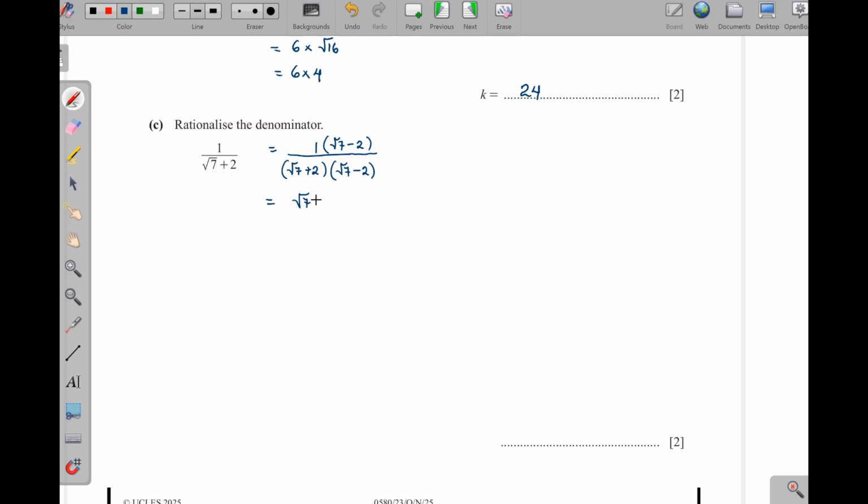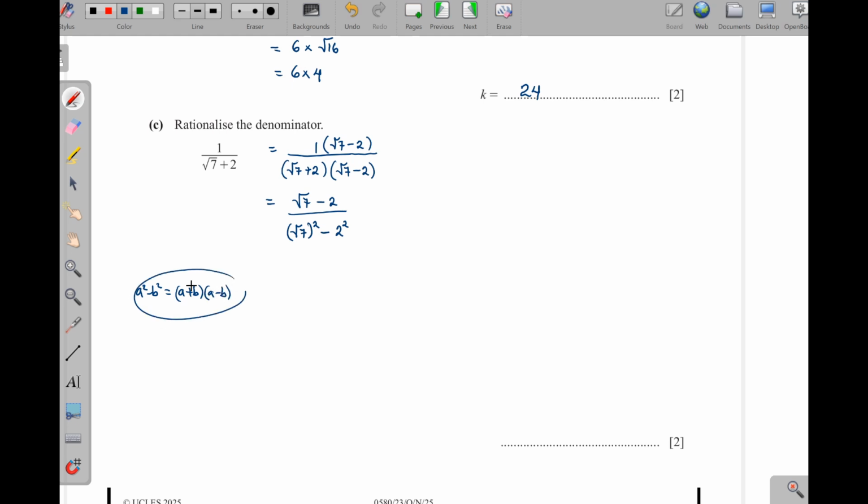So this will be root of 7, then minus 2, and then down here, this will be a difference of 2 squares, okay? So you just say root of 7, you square it, then minus, then you put 2, and then squared, because a squared minus b squared is equal to a plus b, then a minus b.